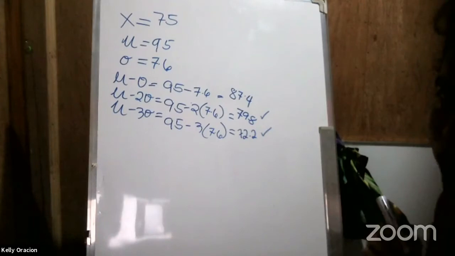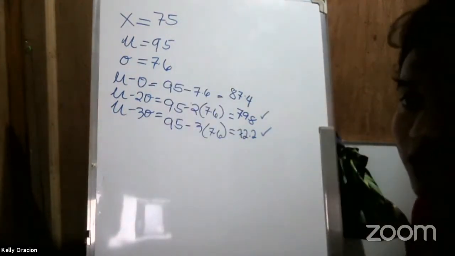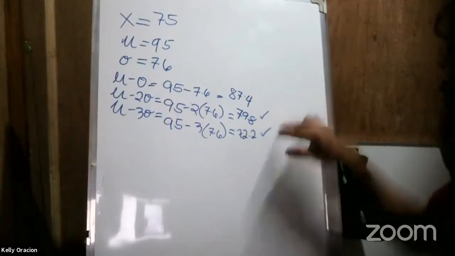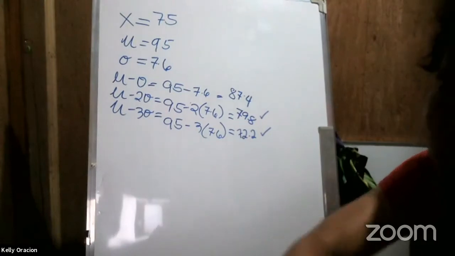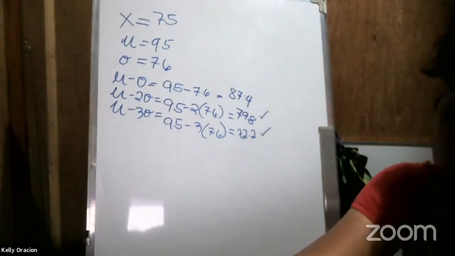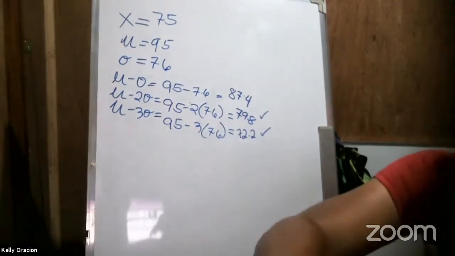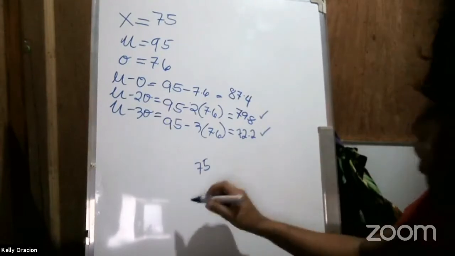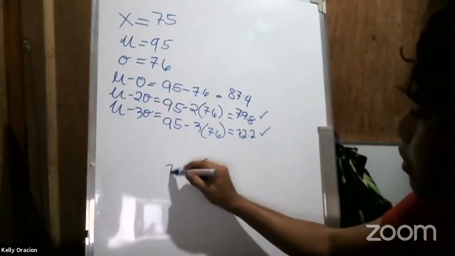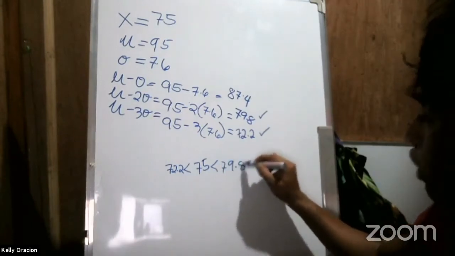Again ha, your x is 75 and 75, we can find it in between these numbers. That means, what is your answer? Your answer now is, 75 is greater than 72.2 but less than 79.8.